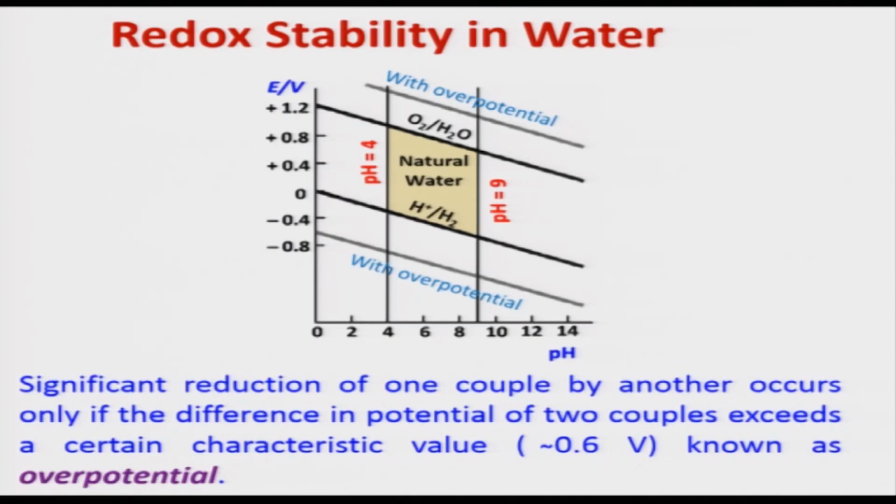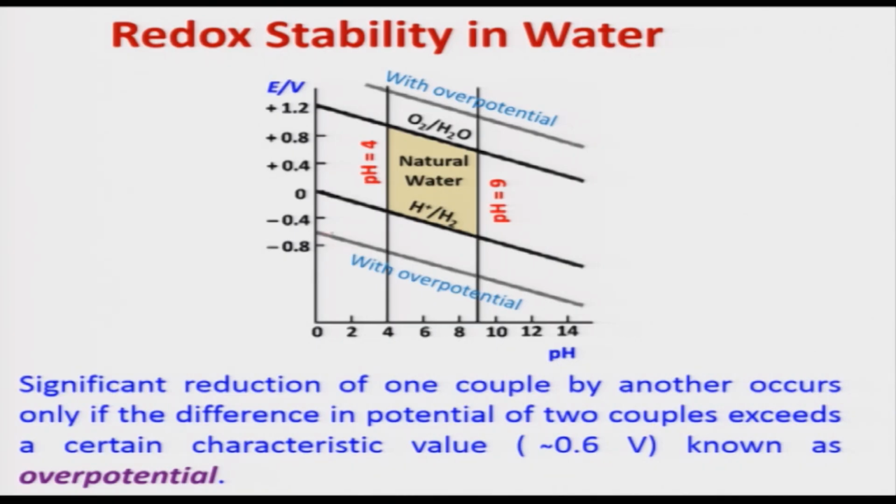Significant reduction of one couple by another occurs only if the difference in potential of the two couples exceeds a certain characteristic value, which is known as overpotential. Mostly in this kind of system, it is around 600 millivolt, or 0.6 volt.